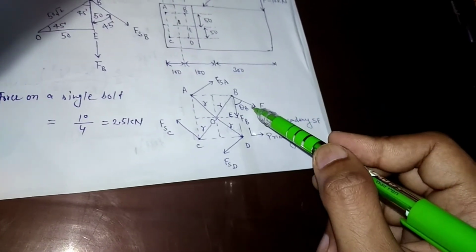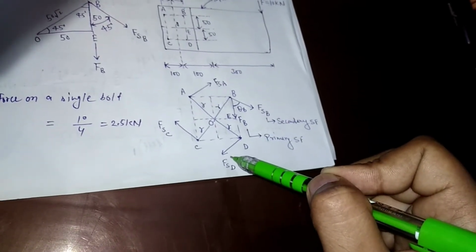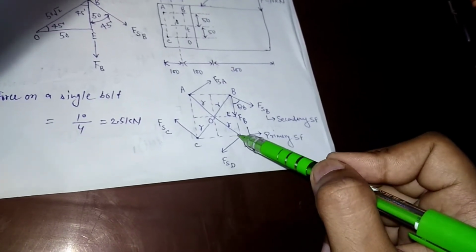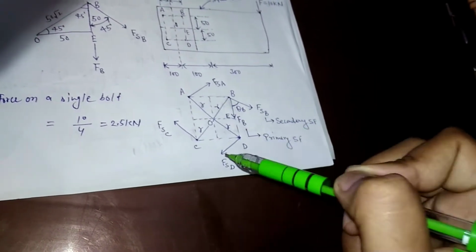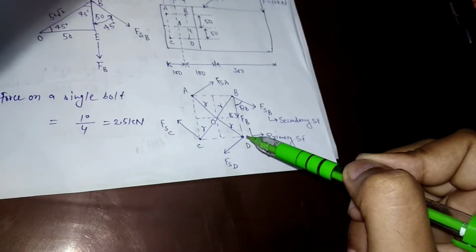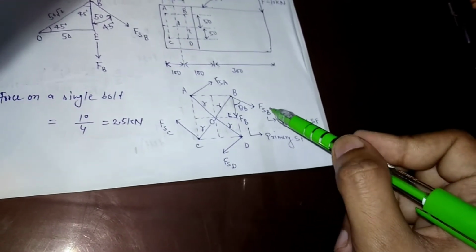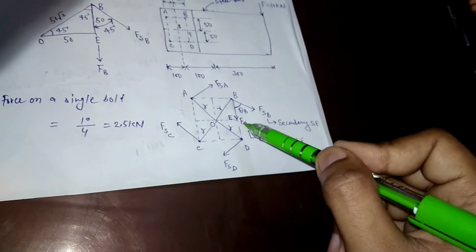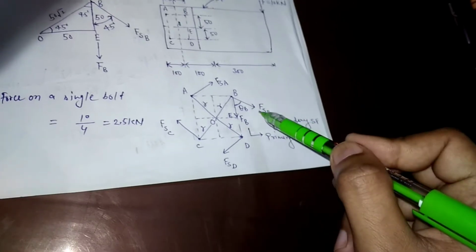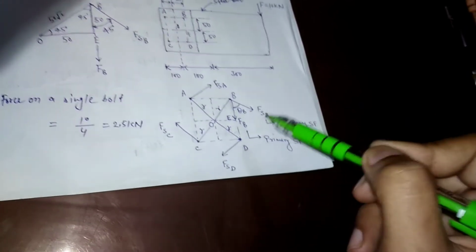So these all four forces will be in such a direction that these will create rotation in the same direction. Due to these four secondary shear forces, there will be some moment in each and every bolt.